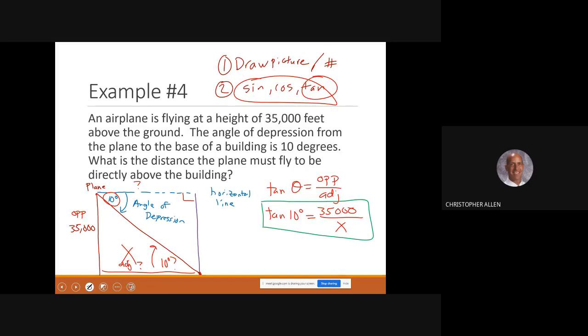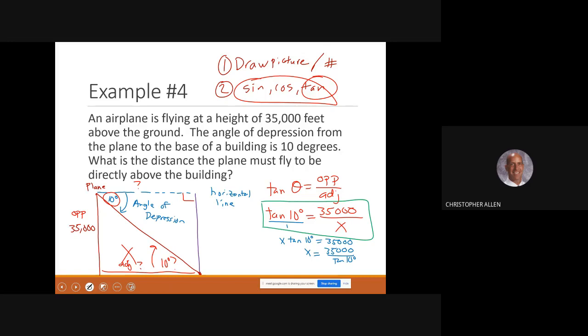What I told a student who asked was, you just need to cross multiply. If you think about this as being over 1 and cross multiply, you get x times the tangent of 10 degrees is equal to 35,000. Then I just divide by tangent, so x is 35,000 over the tangent of 10. That is what you need to do with your calculator. Just do 35,000 divided by the tangent of 10.